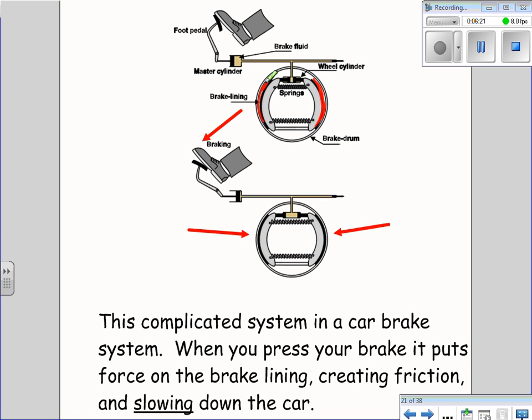However, when you push down onto that brake pedal, the springs go out against the side here, and they touch, and that is what stops our car, our wheels, from moving. So a good example of friction is the brakes in your car.